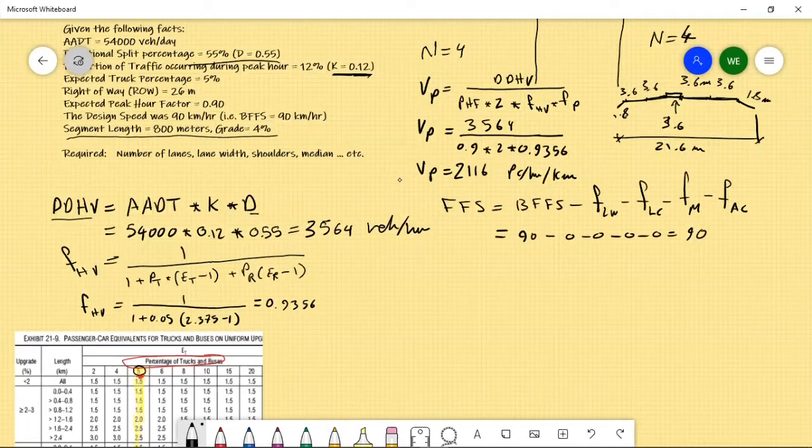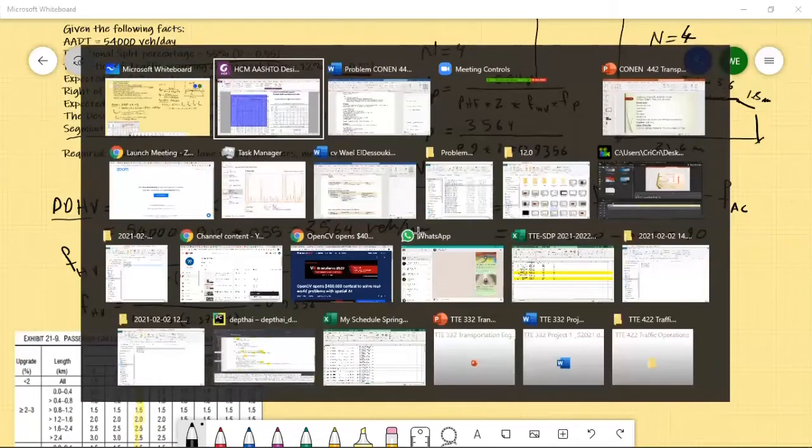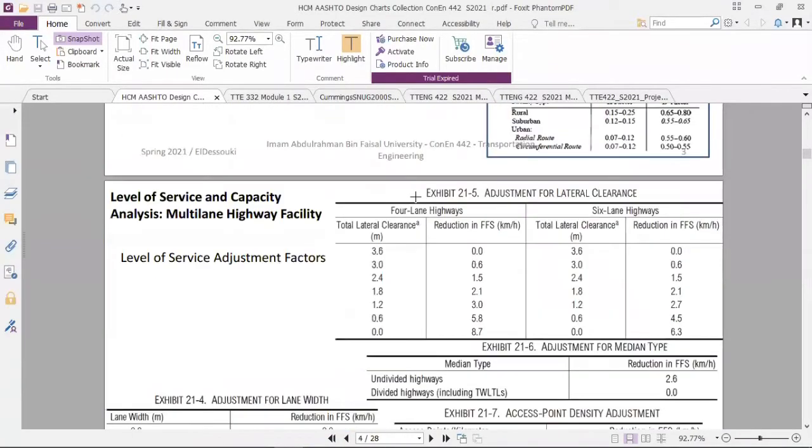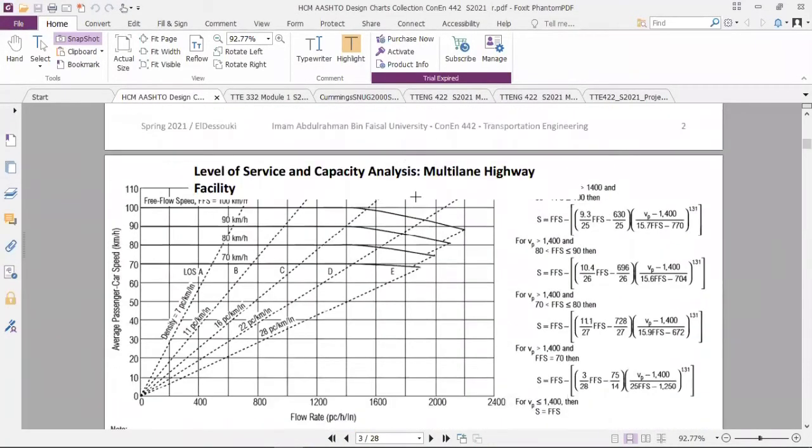Okay, let's check now to see. First of all, the VP is 2,116 passenger car per hour per kilometer. That's a very high volume. So if we look at the tables or the graph here, we are here.